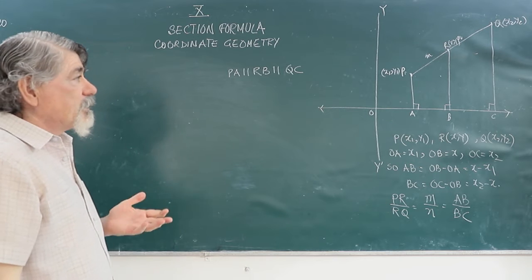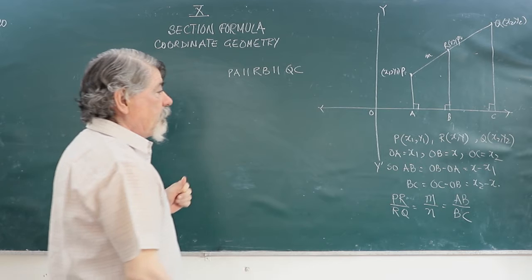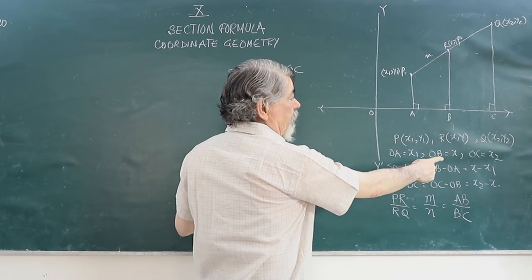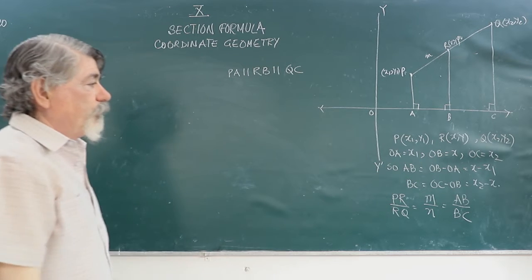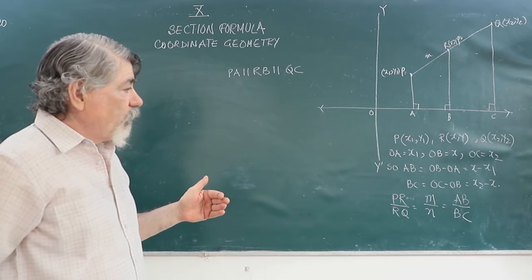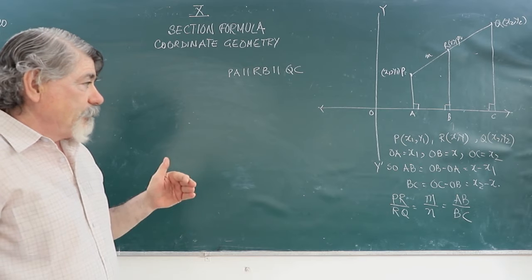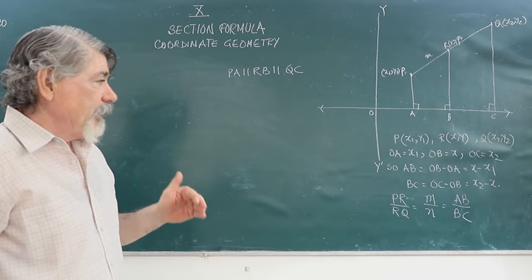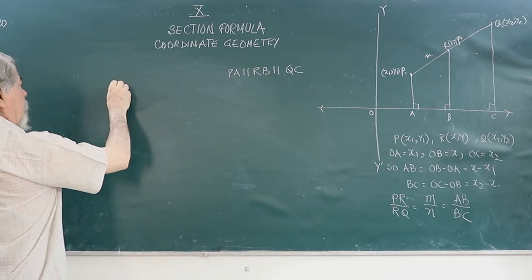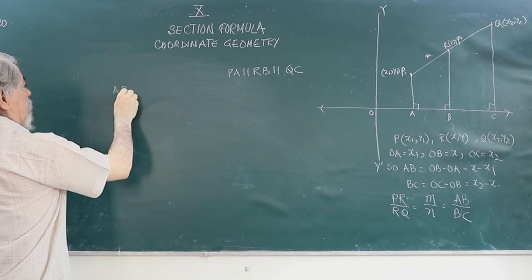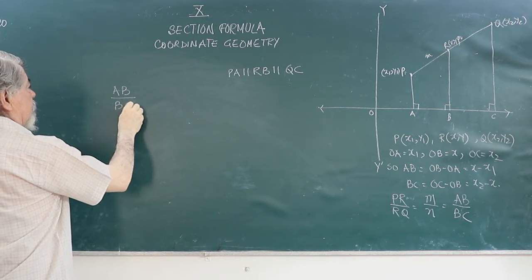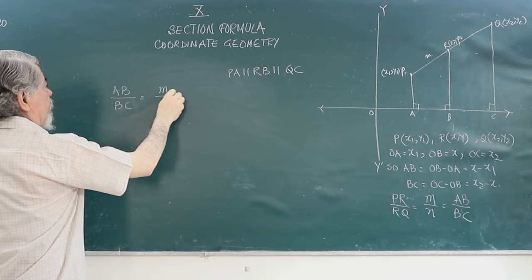m/n. Now let us find out, as I have written, that OA is x1, OB is x, and OC is x2. We calculated the value of AB and the value of BC, and I am saying AB upon BC is m:n. AB upon BC is equal to m/n.